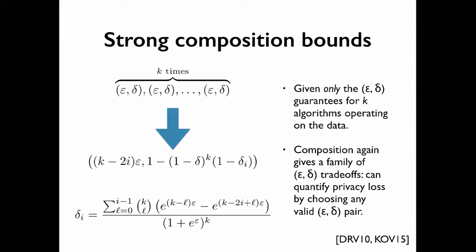But if I want to do even better in terms of accounting for these noise variables, then I need to understand not just what epsilon and delta my algorithm is guaranteeing me, but what the algorithm is actually doing. That is, what is the noise, or where is the randomization being introduced? By analyzing that randomization in a more careful way, we will be able to get better composition bounds. And that's what Kamalika will talk about now.